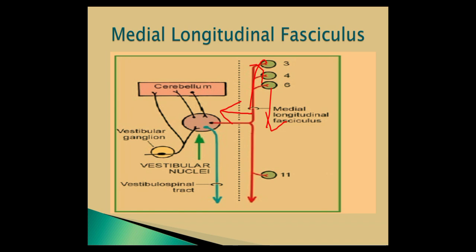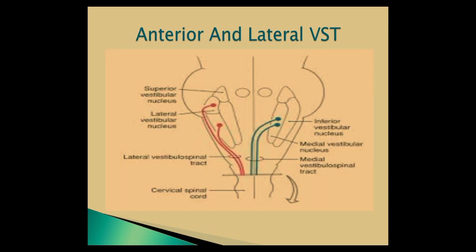It means that it governs where our eye should be moved, and in which direction, to protect the eye and perform different functions according to different reflex actions. So that is about the medial longitudinal fasciculus.